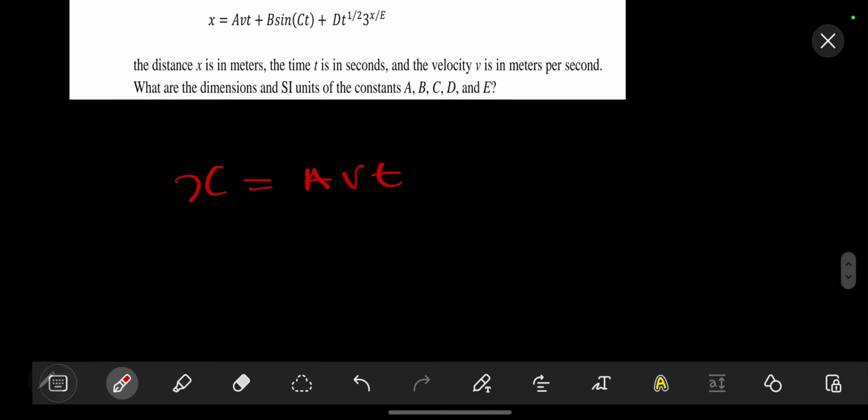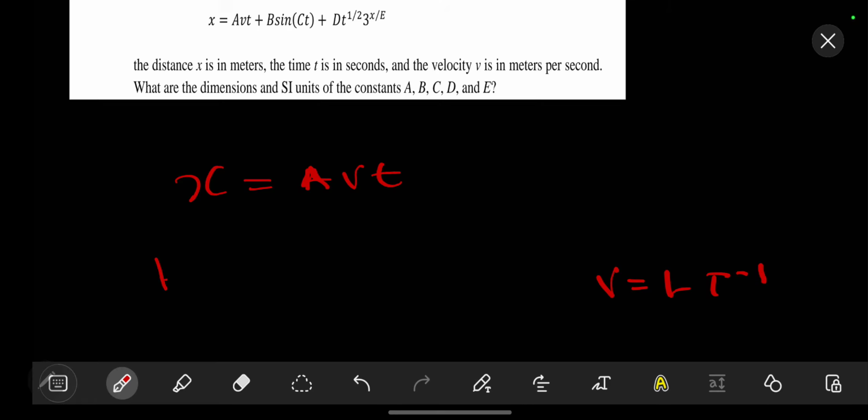What we need to now find is just A. Still we have our x should be equal to A v t, so we equate them: A v t should be equal to x. How do we find our x? We know that the dimensions of velocity are L T raised to the power negative 1.